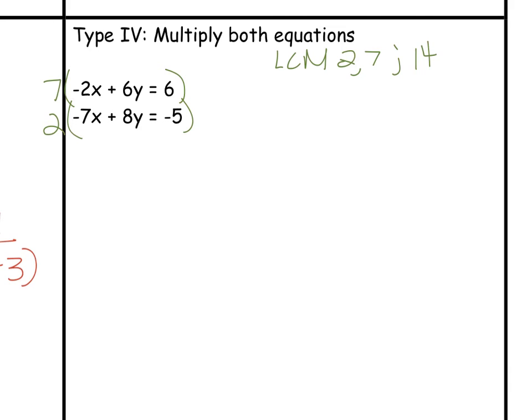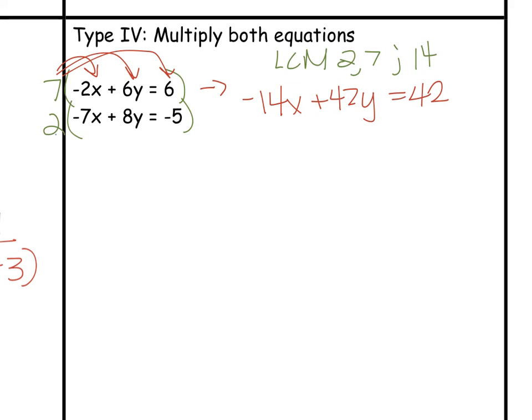So for this equation, 7 times negative 2x is negative 14x, 7 times 6y is a positive 42y, and 7 times 6 equals 42. For the second equation, 2 times negative 7x is negative 14x, 2 times 8y is plus 16y, and 2 times negative 5 is negative 10.